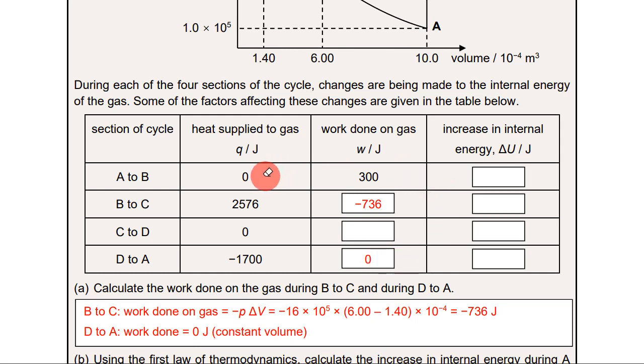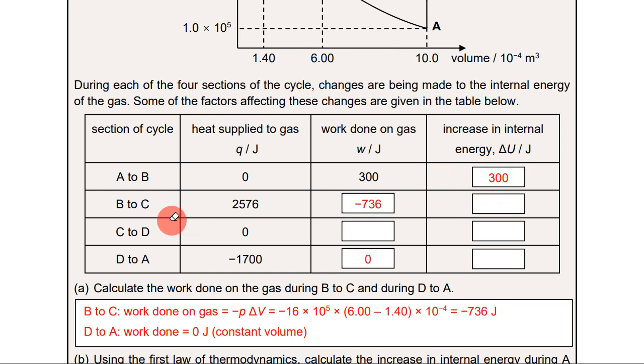Now, once we fill up the first two columns, Q and W, we can figure out the third column, because according to the first law of thermodynamics, delta U is equal to Q plus W. For process A to B, delta U will be 0 plus 300, so the answer here will be 300.